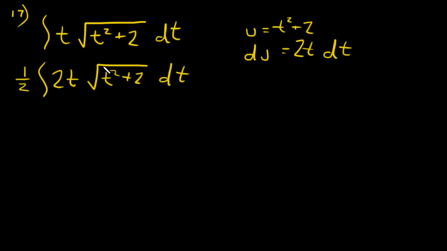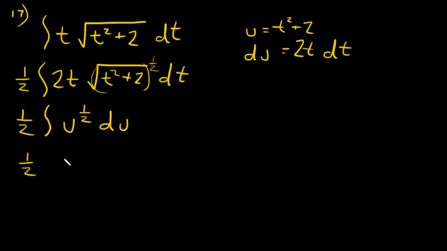Alright, now I can do my substitution, and remembering that a root is like something to the 1/2 power, this is going to become 1/2 integral of u to the 1/2 du. So I can do that integral. I can add 1 to that exponent.